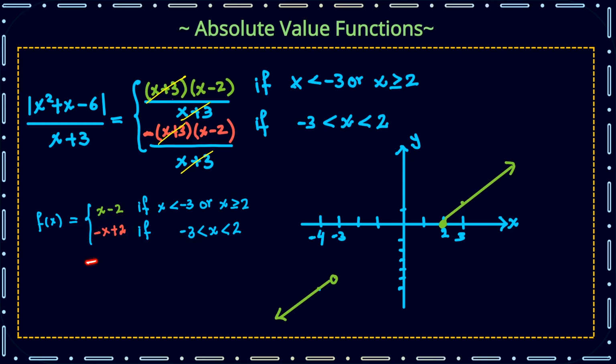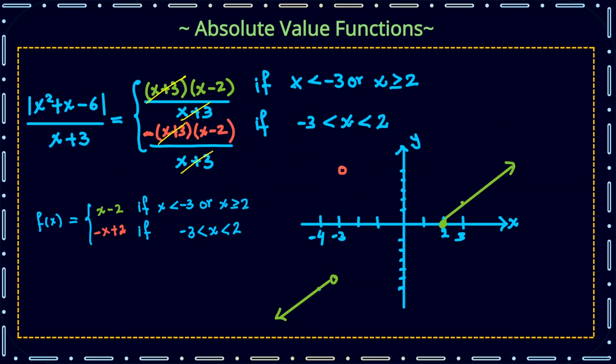But here we get negative of negative 3 plus 2. That is 3 plus 2, which is equal to 5. So at negative 3, the outcome is 5. And of course, we are going to draw a hollow point because negative 3 is not included itself.